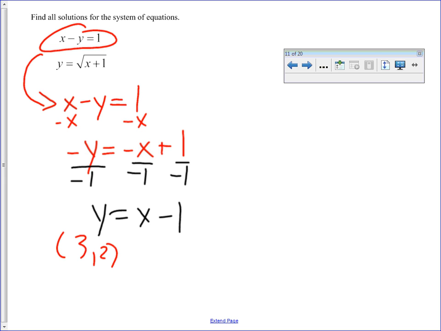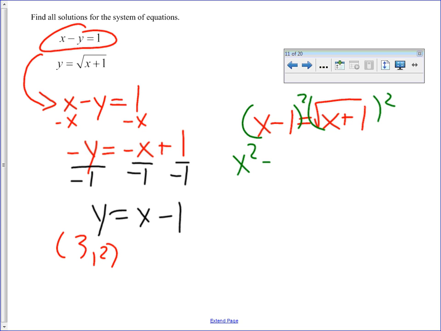This one's a little bit harder to do algebraically. I can say x minus 1 equals the square root of x plus 1. So I can square both sides, and I'll get x squared minus 2x plus 1 equals x plus 1.